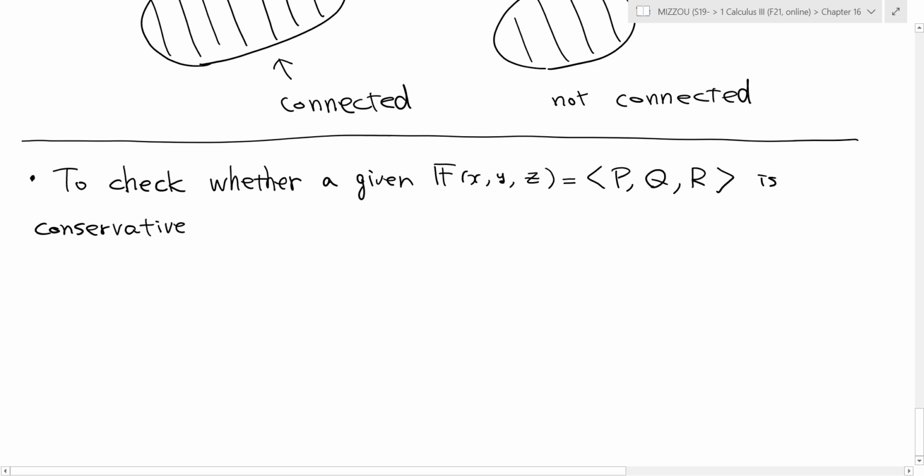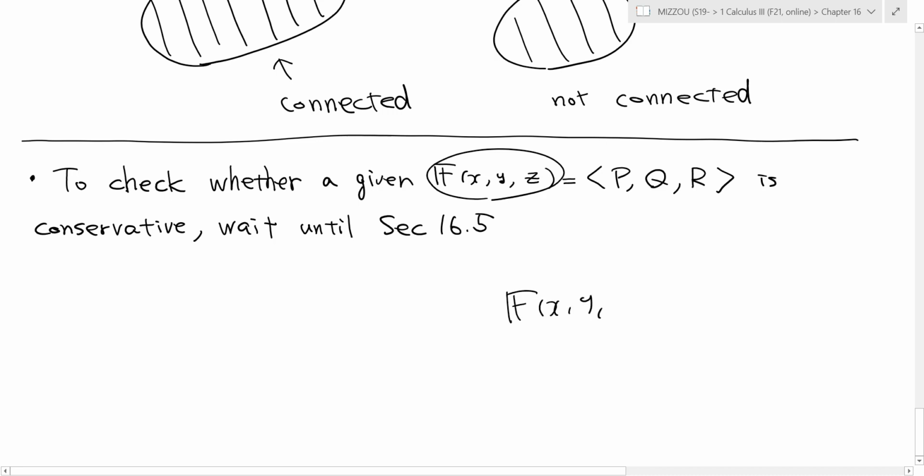Now, to check if a given vector field is conservative, let's wait until section 16.5. I'll get to this later. The concept of a conservative vector field makes sense even for a vector field of three variables, because all you need is this: if the vector field is given as the gradient of f of x, y, z, with three variables, we say that it is conservative.